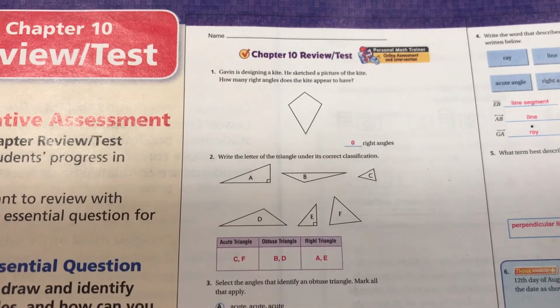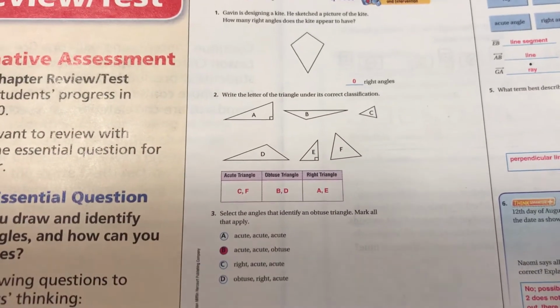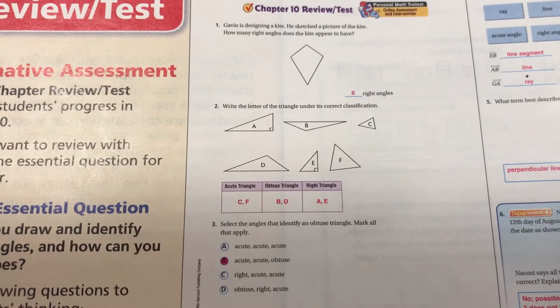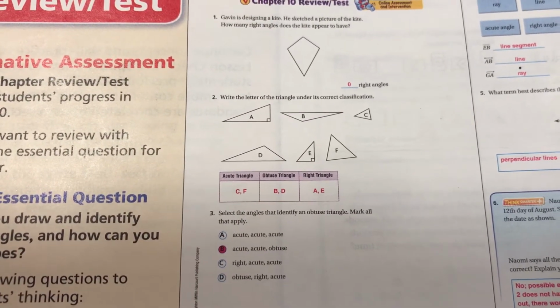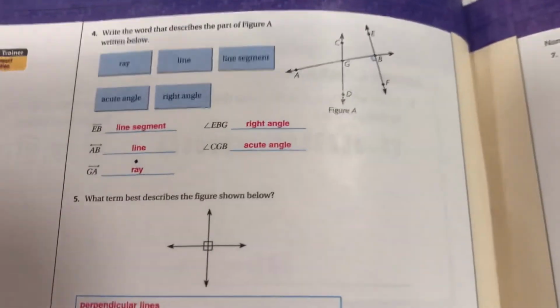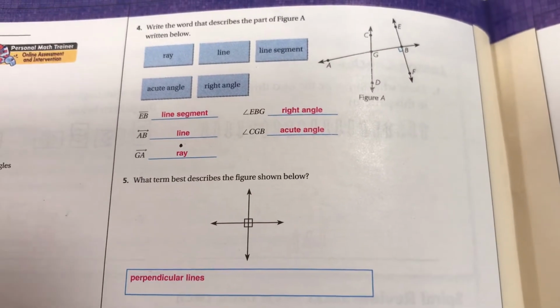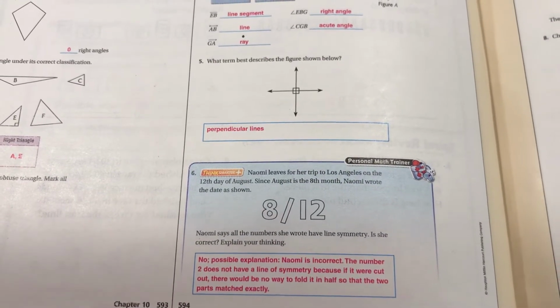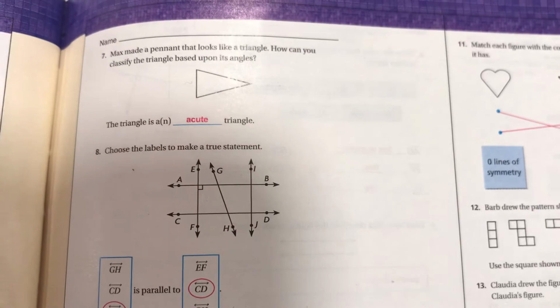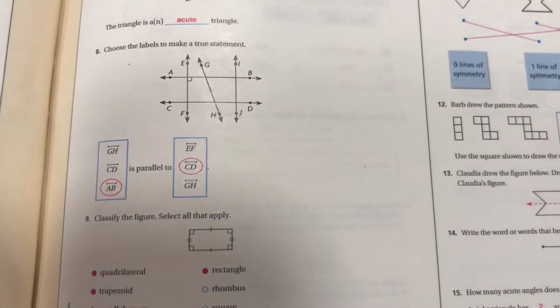So number 1, you can see has 0. Number 2, you had to fill in that rectangle there. There's your answer for number 3. Here's number 4. And number 5. 6 we did already. Here's number 7. Is it cute? Here's 8.